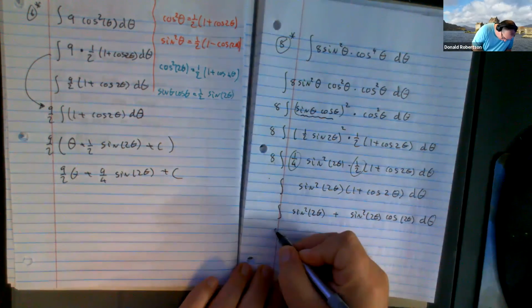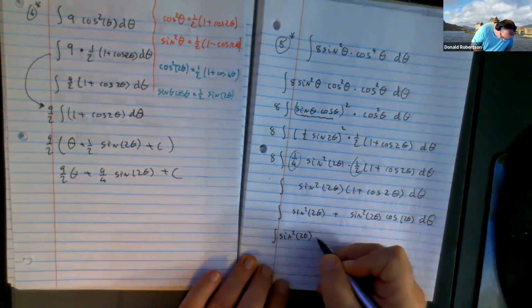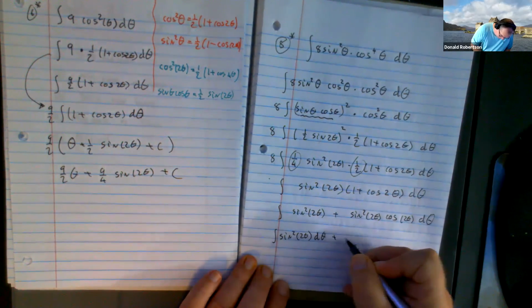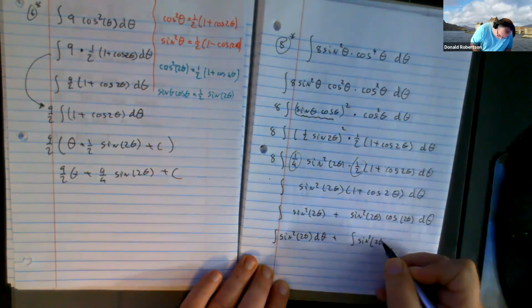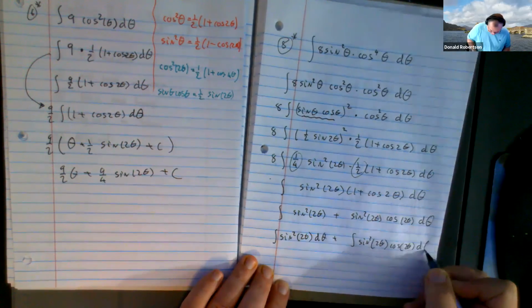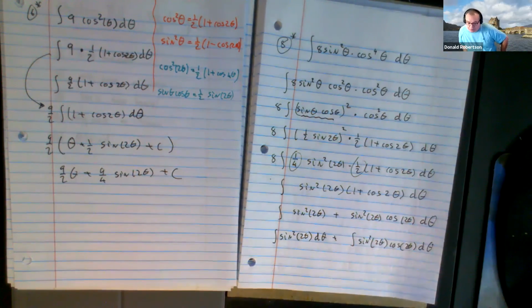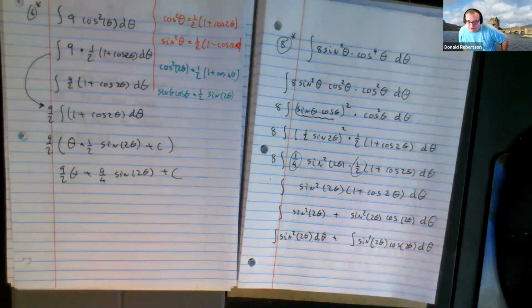I'm going to split this question into 2 separate integrals. This is our last question, obviously. Now, each one of these we're going to deal with in a different way.